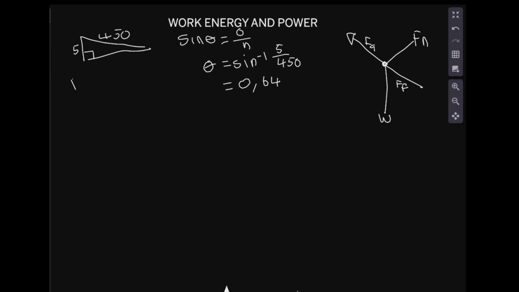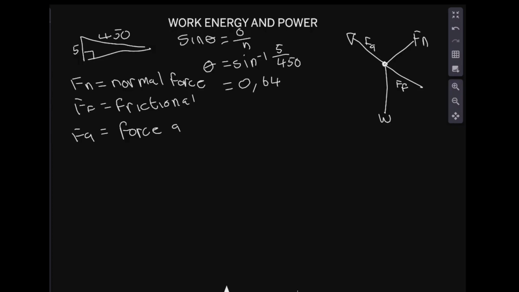Then I'm going to say Fn is equal to the normal force, Ff is equal to frictional force, Fa is equal to force applied, and W is our weight. Okay, you should get all of your marks if you do it like that.